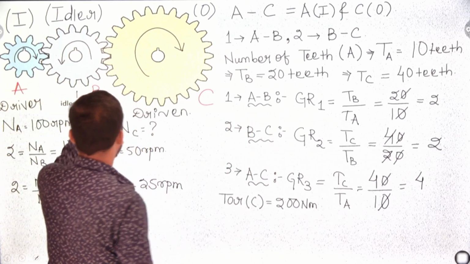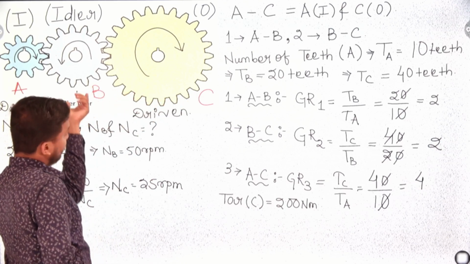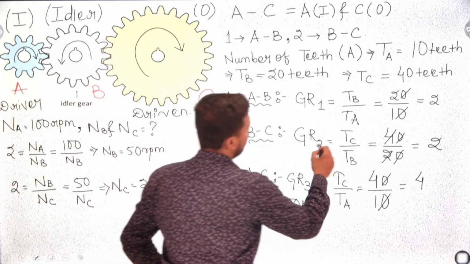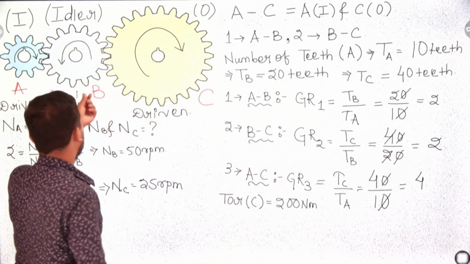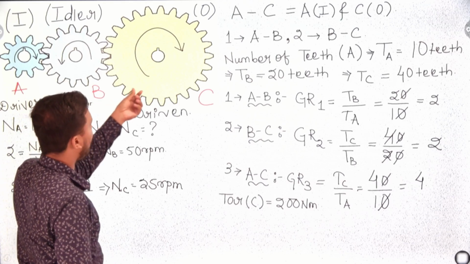How do we find the value of B? We take it from points B and C. The gear ratio is 2. So what is the formula? Output is equal to R into input.